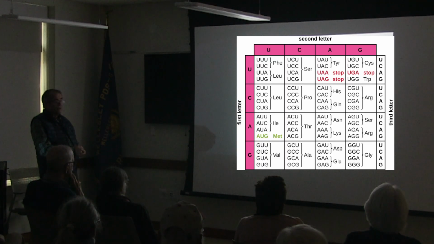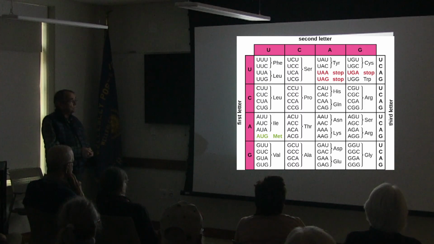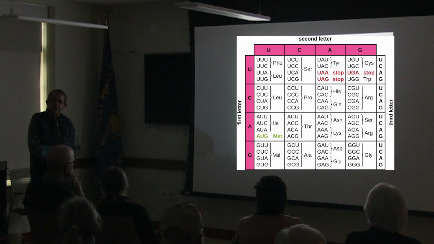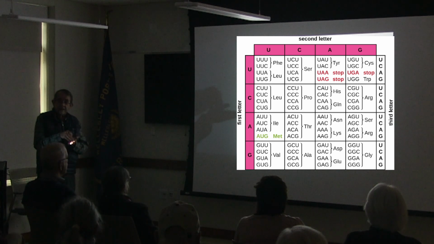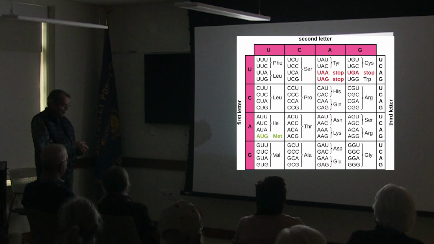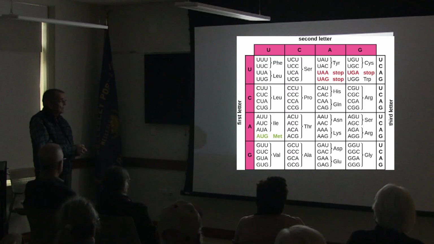And that's interesting, because if you have a random mutation in DNA, that means the wrong base gets stuck in there somehow. Well, lo and behold, if you happen to change the last letter of that triplet, you're still going to put the correct amino acid into the protein.